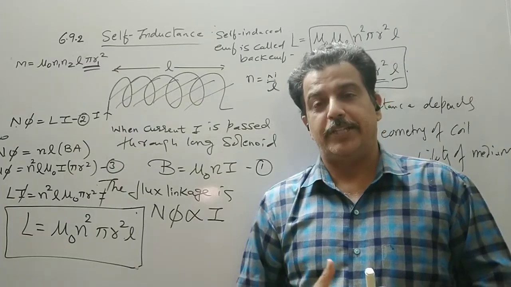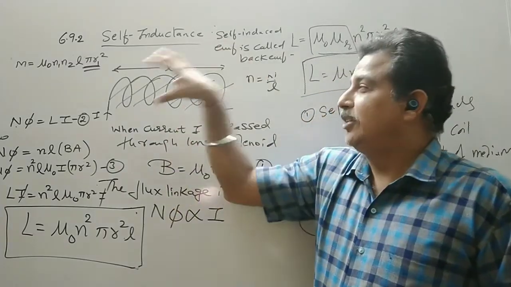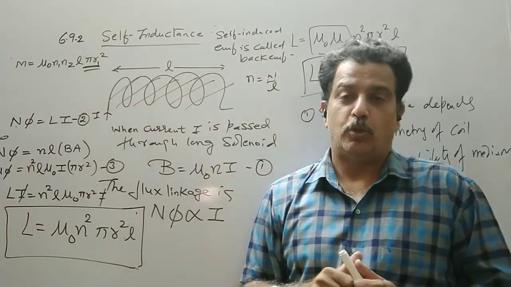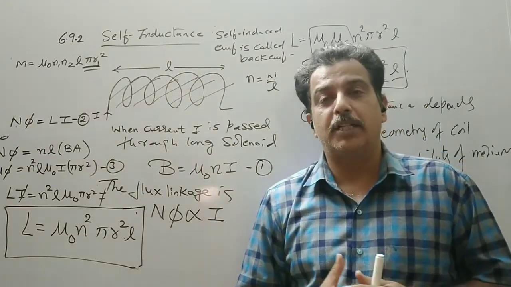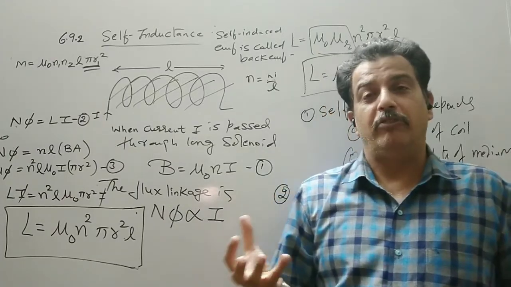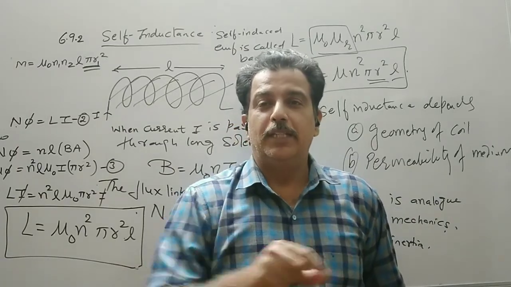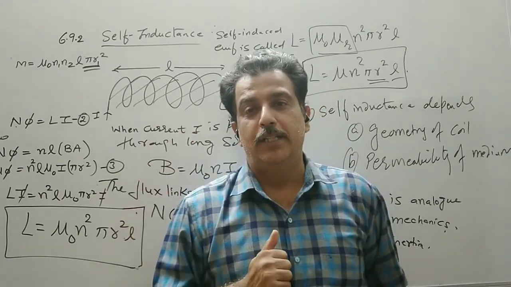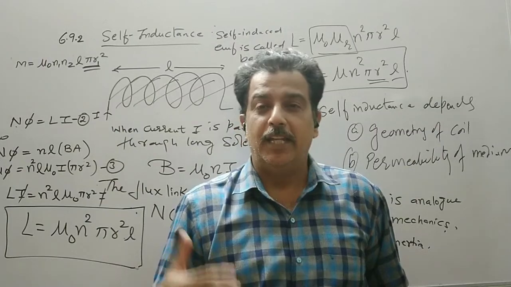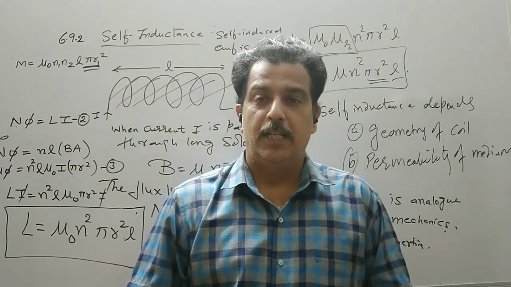It will oppose the change. It does not like the current to be set up in the solenoid or coil. So we need to do work against this self-induced EMF, and whatever work we do will be stored in this coil or solenoid, which will be called the energy stored in an inductor, that we will see in the next lecture. Have a nice day.